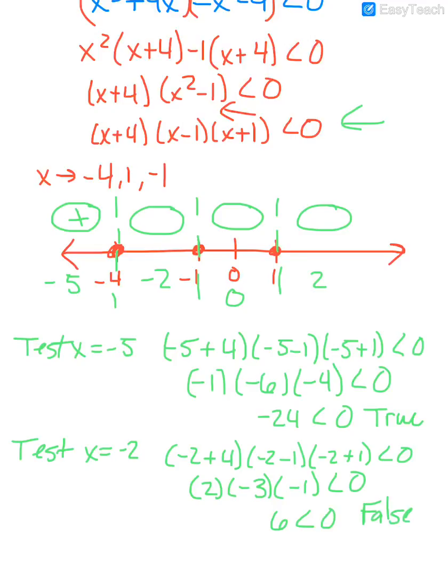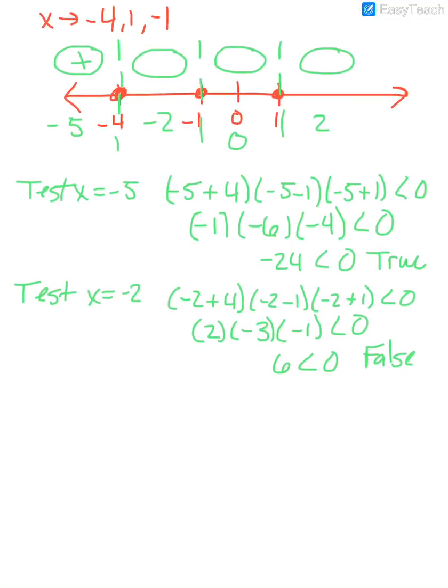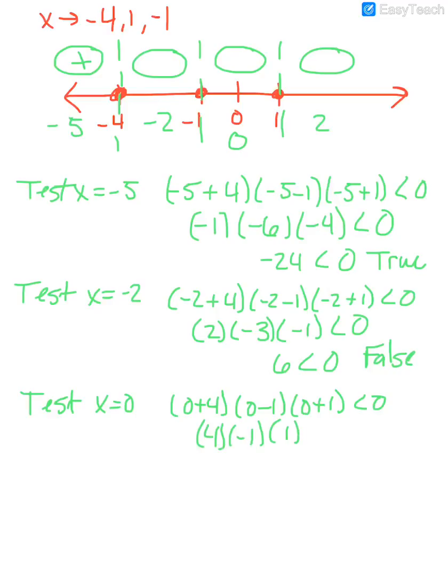Okay, I'm going to scooch this down a bit. So test the next one when x is 0. So plug that in. I get negative 1 and I get 1. So it looks like here I get negative 4. That is less than 0. So that is also true.